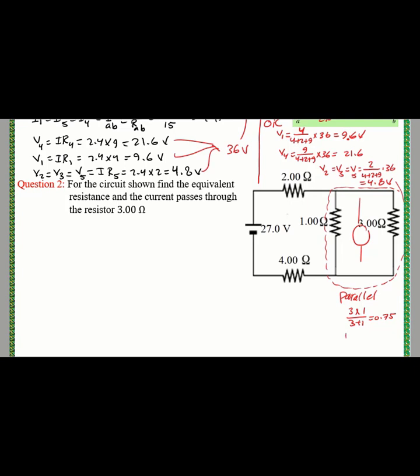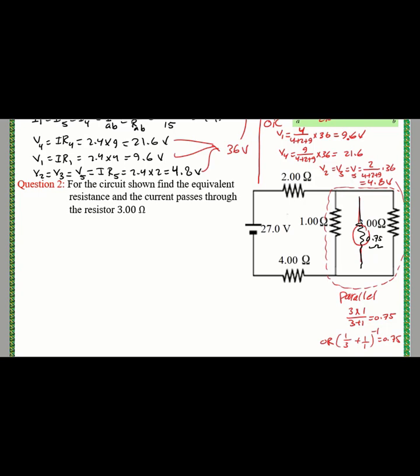Or you can write it as 1 over 3 plus 1 over 1, all inverted. It is the same. So you can look at this part of the circuit as if it is 0.75 ohms.